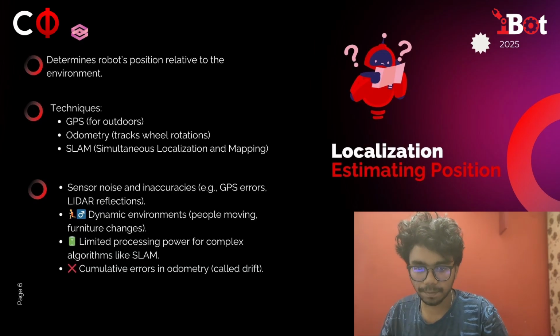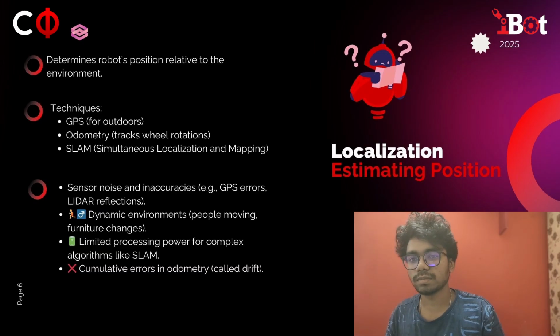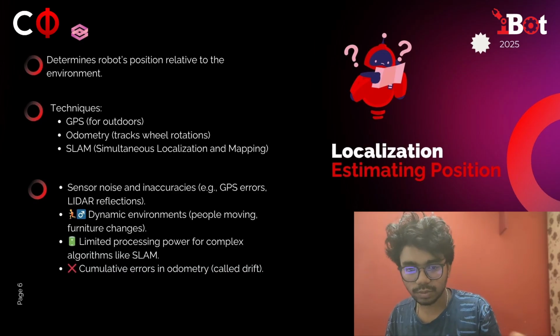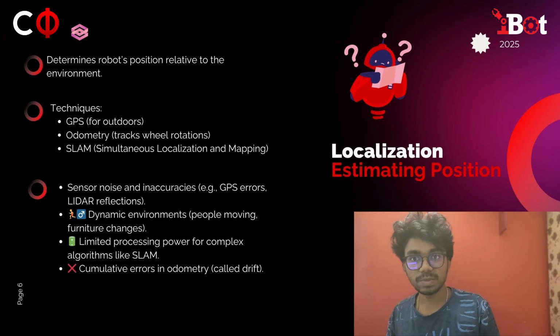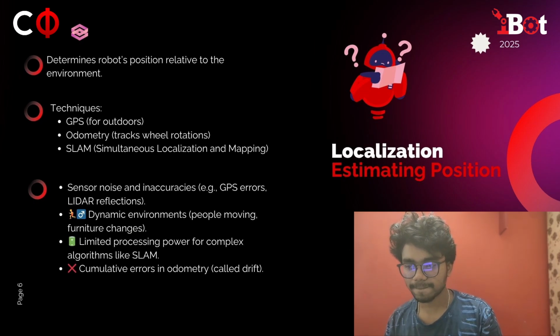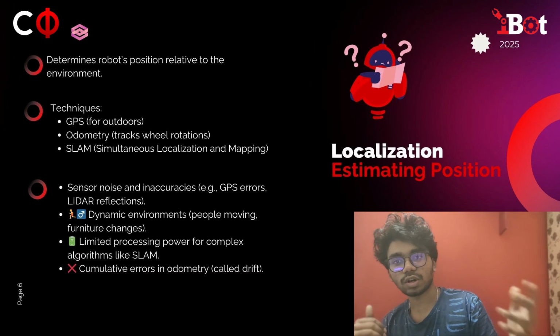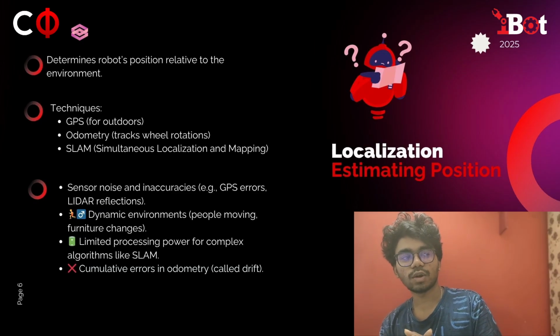There are also many challenges, such as sensor noise. There might be errors in sensors, which cause a lot of issues, so we need to look for ways to minimize the error. The second point is dynamic objects, which means moving objects. Third, computing a lot of data: if we increase the number of sensors and process a lot of data, we also need a lot of processing power, which may be a problem and needs a lot of optimization.